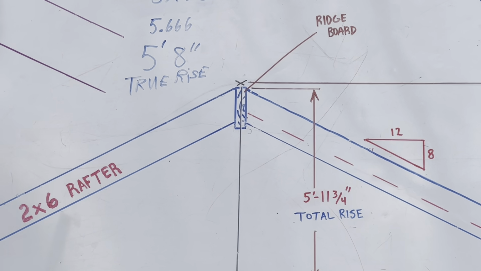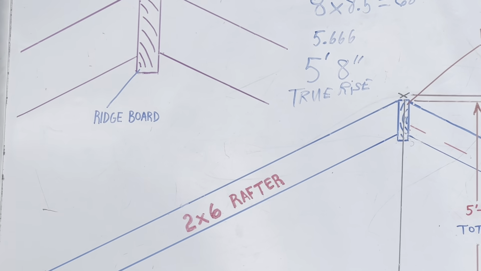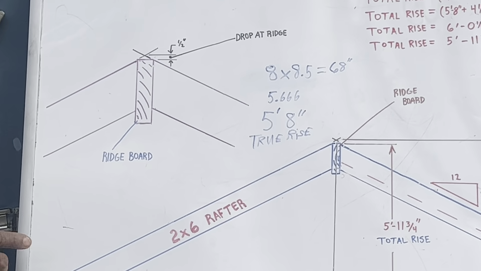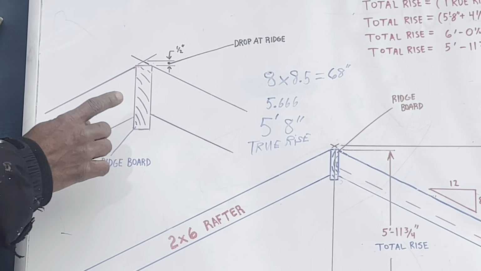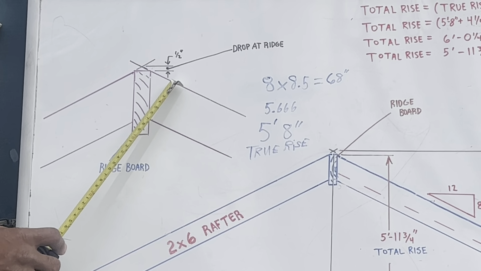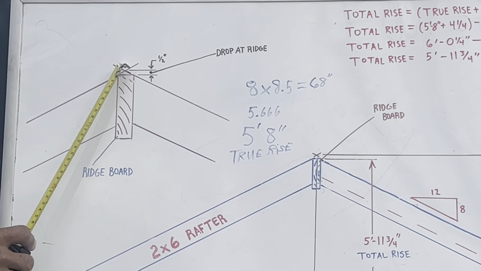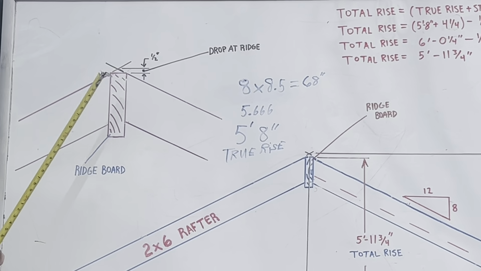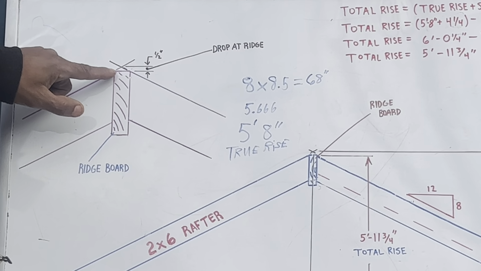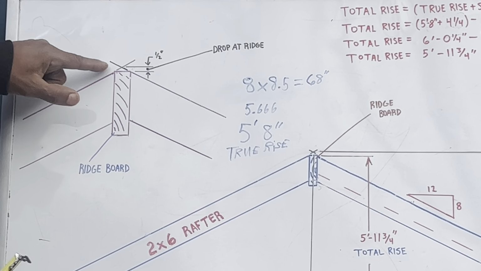That's why I got this blown up right here. This is the 1/2 inch. If you look at the edge of my rafters, and you see where both of them cross right here, if I place the top of my ridge board right there, it's gonna be too high.